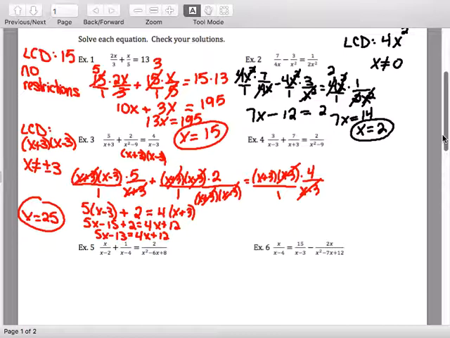You do end up with a fraction on this one, which is okay.